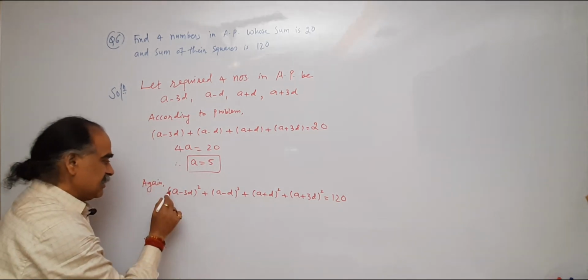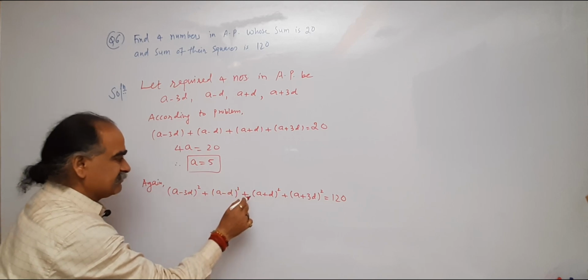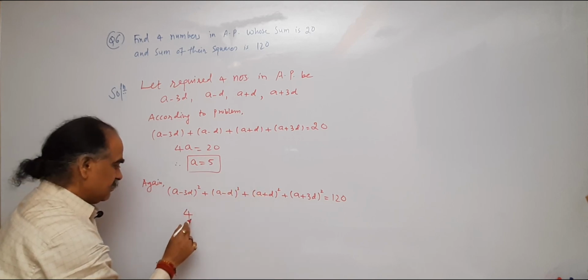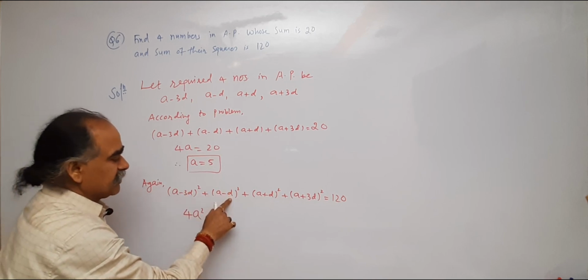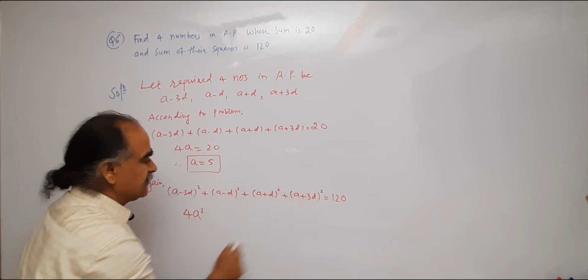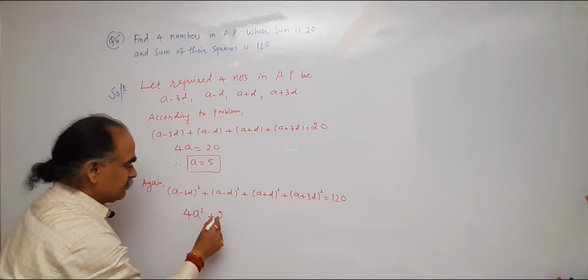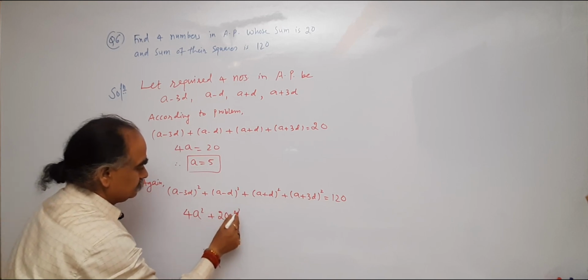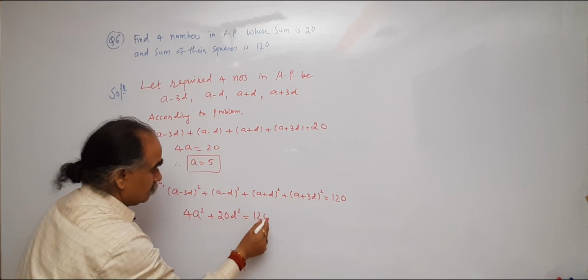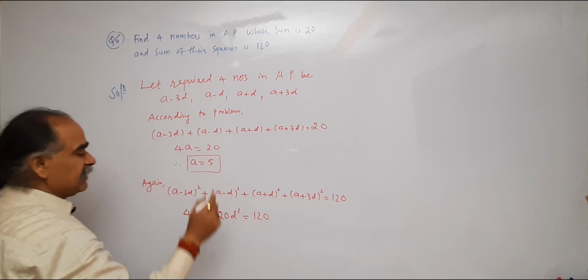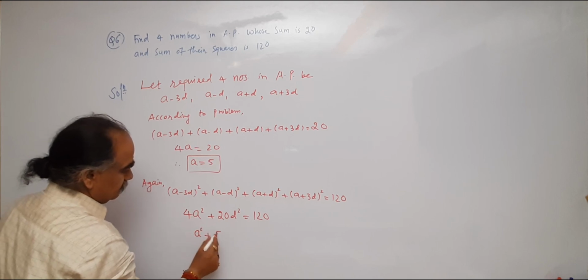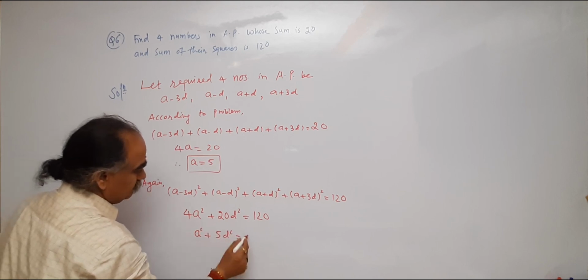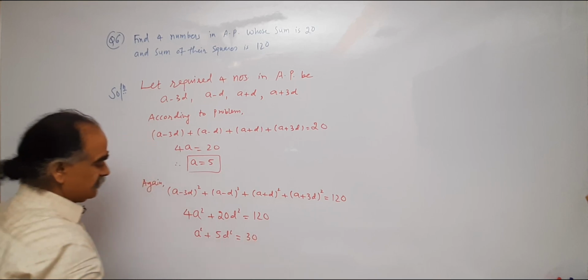So we'll get a square plus a square plus a square plus a square, so 4 times a square, plus 9d square plus d square plus d square plus 9d square, you'll get 20d square, equal to 120. You can divide by 4. So a square plus 5d square is equal to 30.